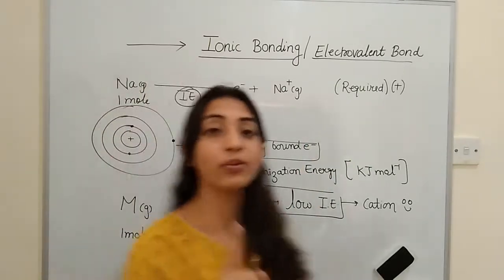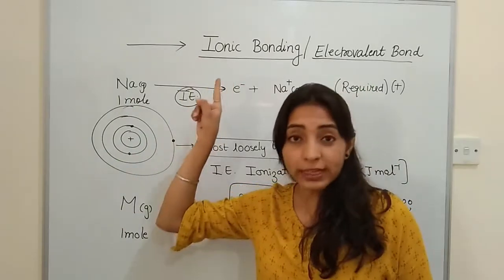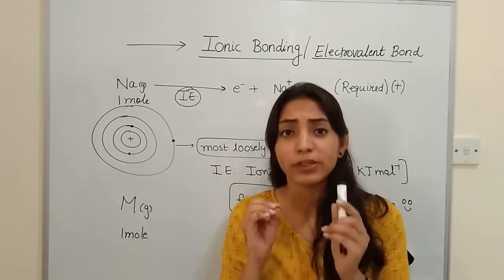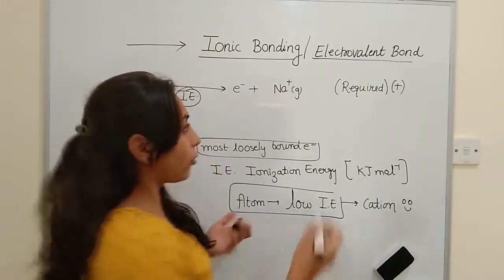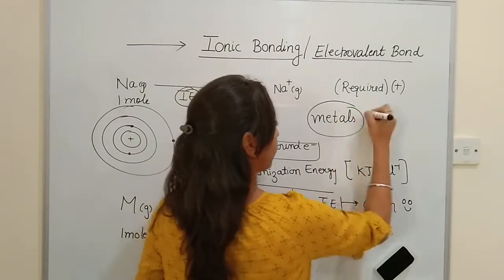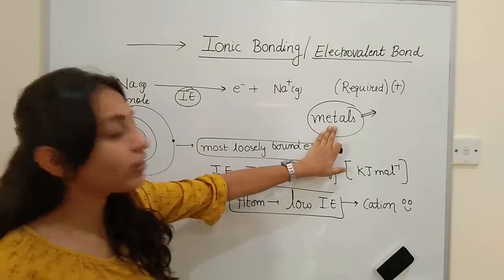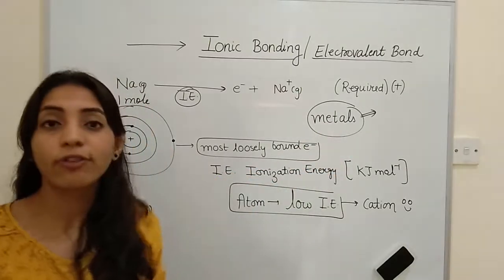So the one thing that we understood here is, for any particular atom to lose electron, we need to give ionization energy, and we want that particular atom which has least ionization energy. And obviously, you know, metals are the ones which have least ionization energy, and hence generally the ionic compounds that we will be studying mainly consist of metals.